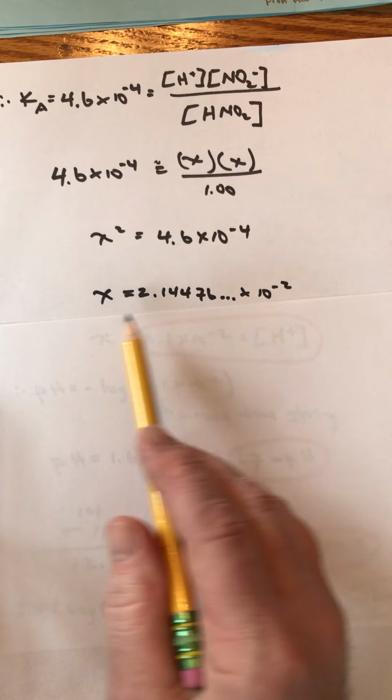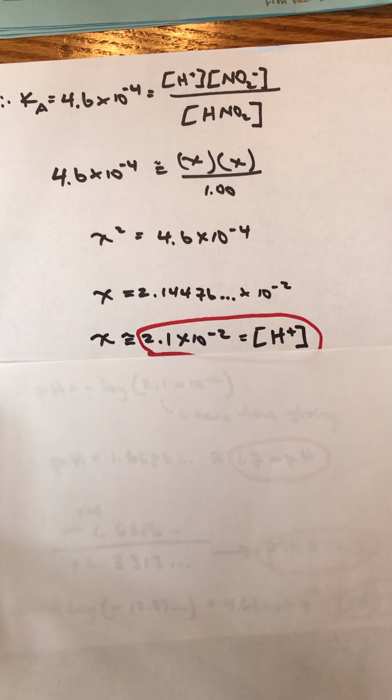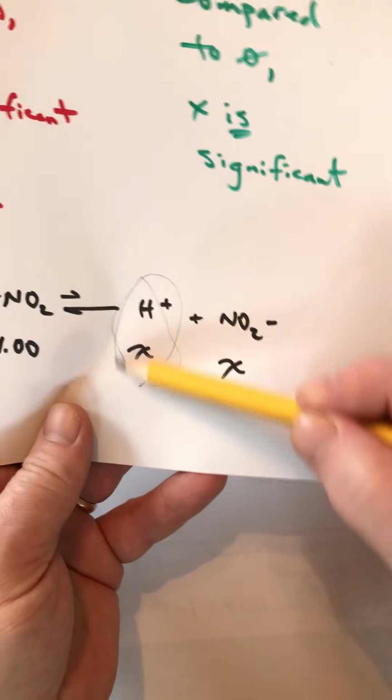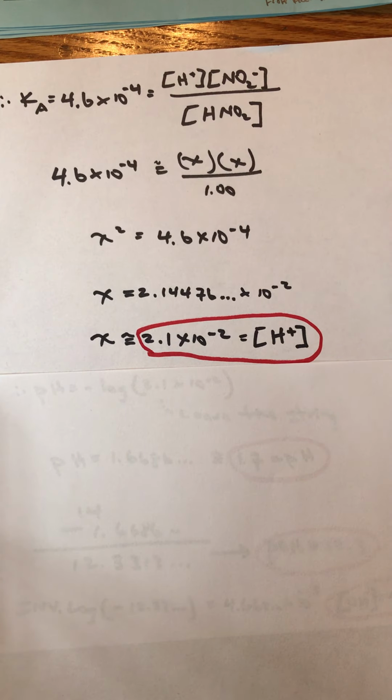Take the square root. X is 2.1447 and so on times 10 to the minus 2, which is about 2.1 times 10 to the negative 2. And indeed, x is my H positive ion concentration. So there's cha-ching, the first part.